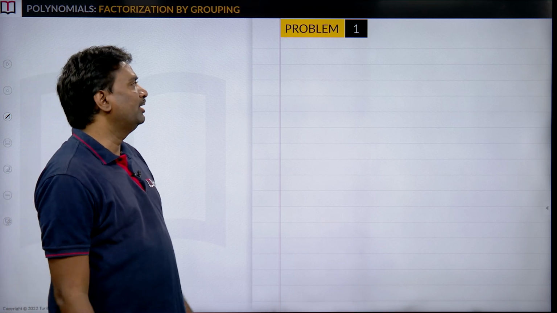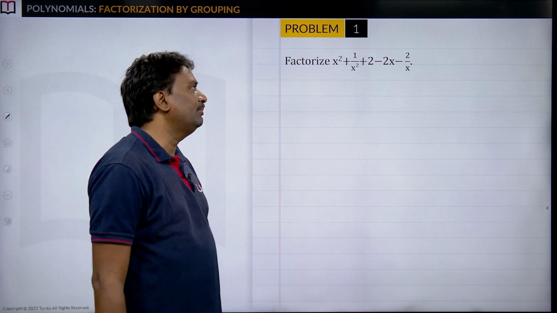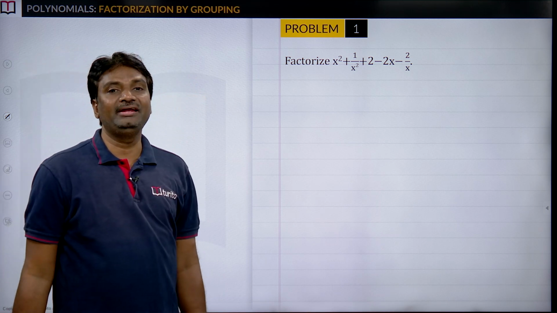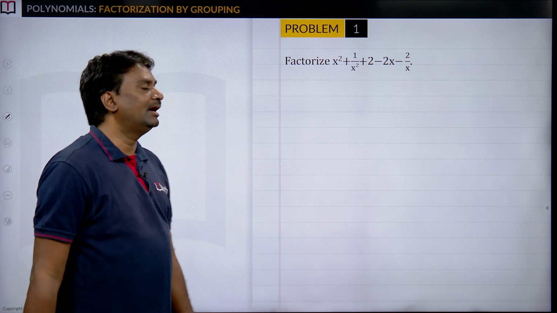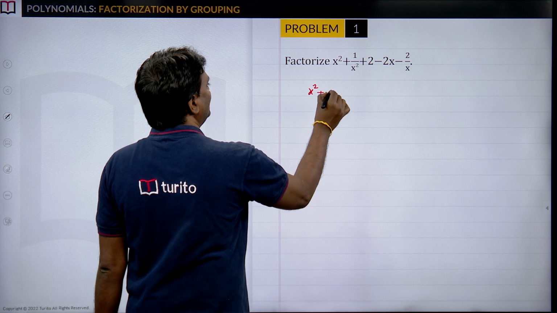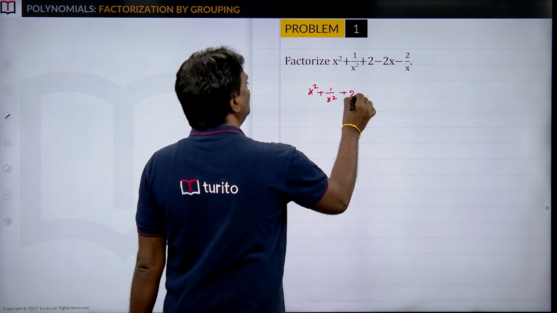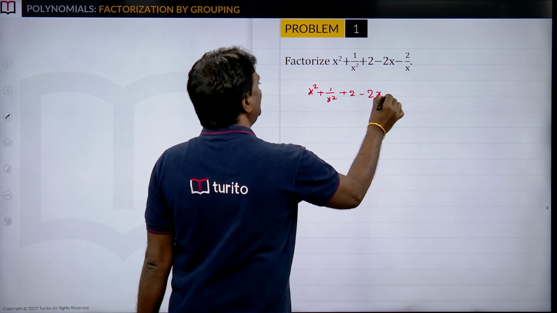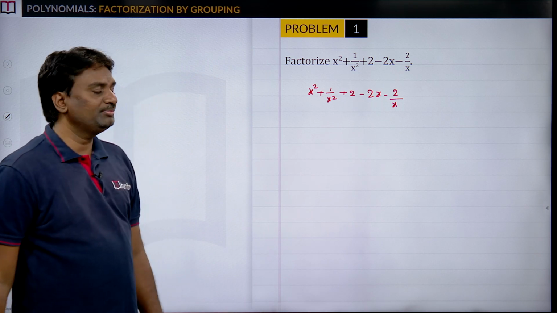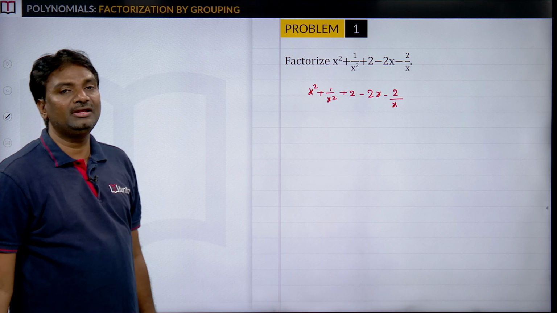Now, problem number 1, factorize x square plus 1 by x square plus 2 minus 2x minus 2 by x. That is the given expression. Total 5 terms are there, but all these 5 terms do not have a term in common.